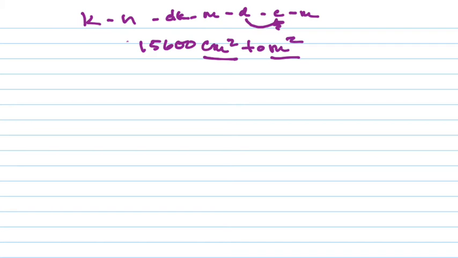That means I'm jumping 2 places to the left. If we're moving left, are we multiplying or dividing? Dividing, and 2 places means 100 to the second power, 2 zeros. Each jump gets a 0.